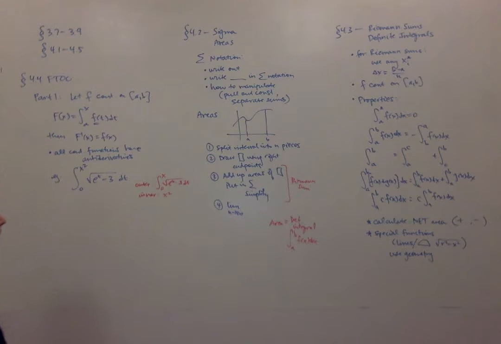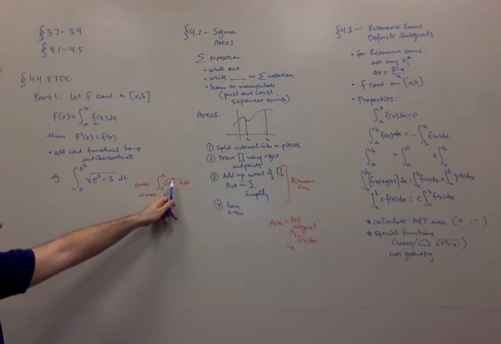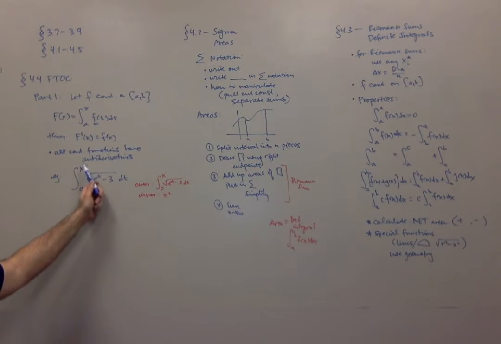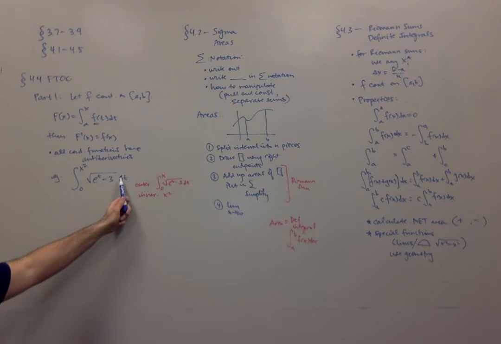So in other words, you're going to differentiate the outer, you're going to get the square root of e to the x minus 3, but instead of x, you're going to substitute an x squared. So you're still taking this and sticking it here, but you have to multiply by the derivative of that inner function in the case where you have something that's not x there.